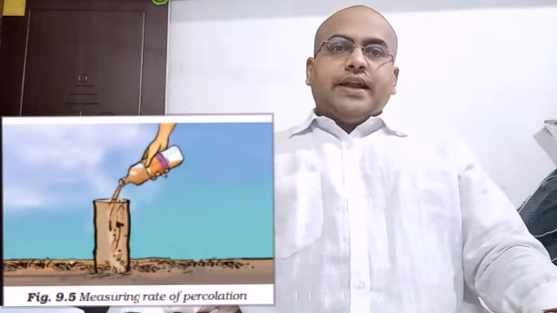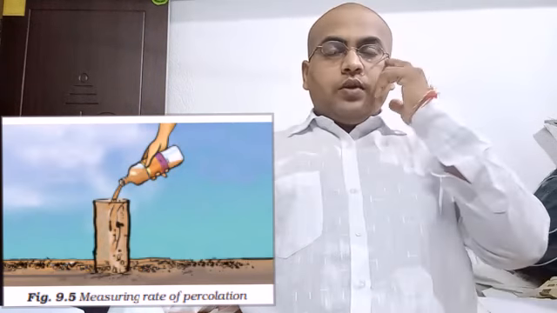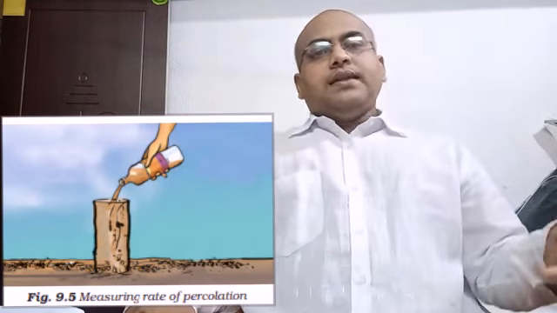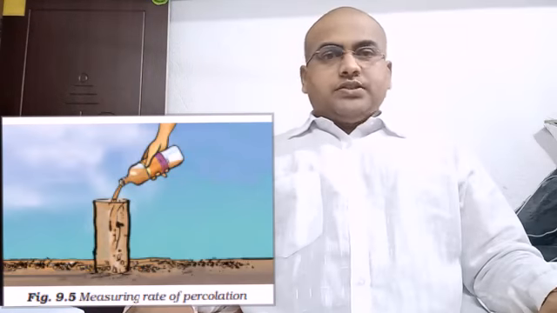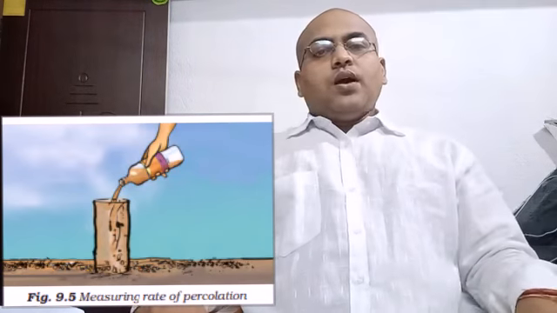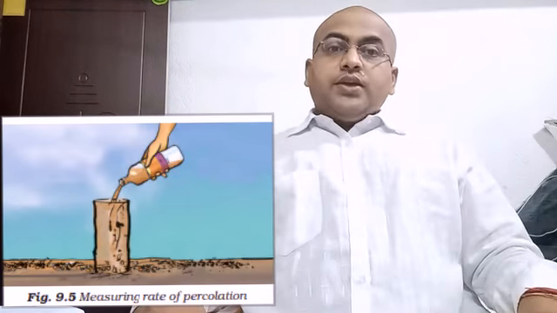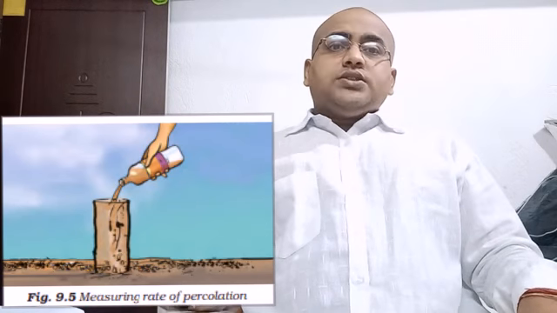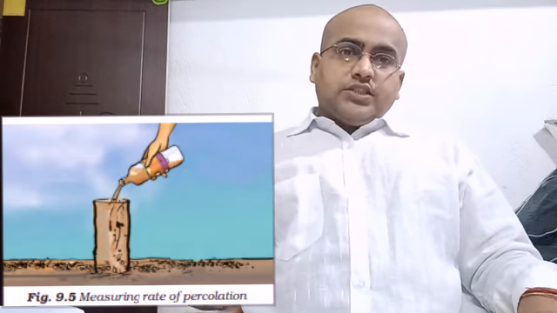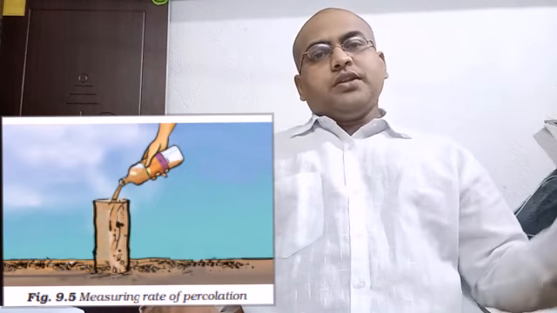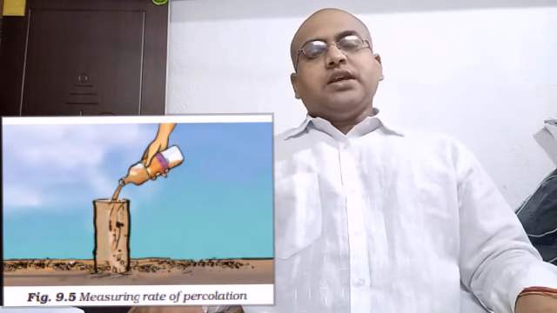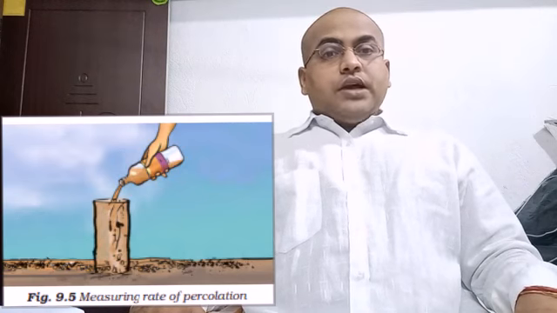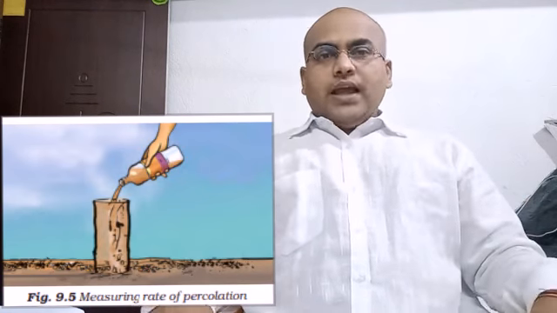One place is the kacha road, where there is soil, and the other place is the pakka, cemented place, and they pour water on both places. After some time they observe that the kacha place absorbs the water, but on the pakka, cemented place, the water is not absorbed.